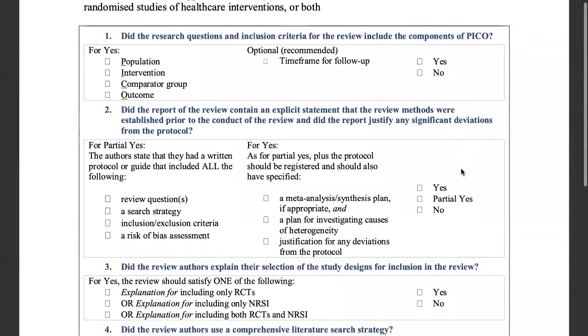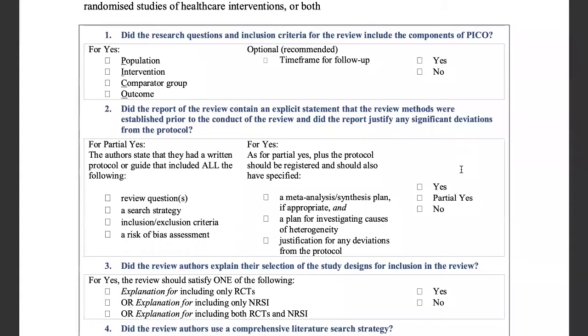Okay, so for the second question, we have, did the report of the review contain an explicit statement that the review methods were established prior to the conduct of the review? And did the report justify any significant deviations from the protocol? So for this question, we have these three options, yes, partial yes, and no. For partial yes, the review's authors need to state that they did have a written protocol or a guide, but the protocol or guide doesn't need to be published or registered, okay?